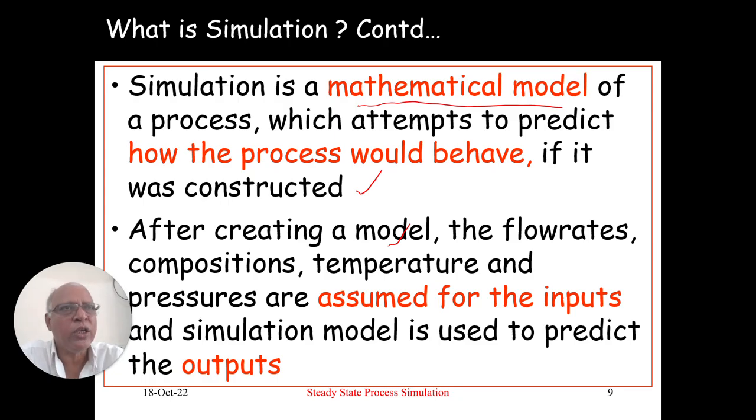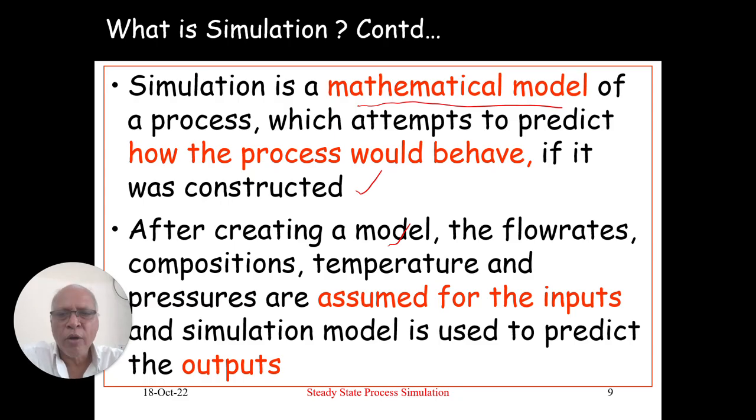In the same way, if you have a process model instead of one reactor model, then you will be able to calculate the outputs like product flow rates, product compositions, energy requirements, and so on for different input conditions. You may be able to study the effect of change in flow rates, compositions, temperatures, and pressures across the entire process with an objective of identifying the corresponding outputs.